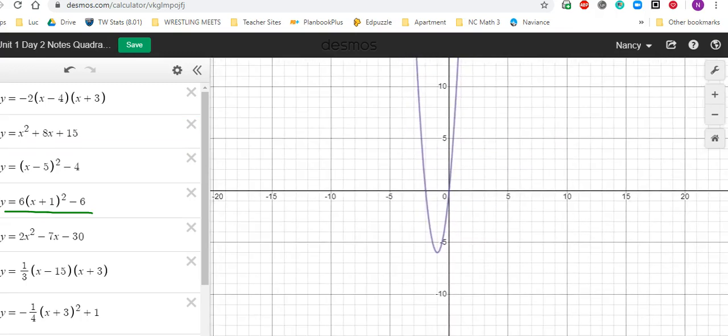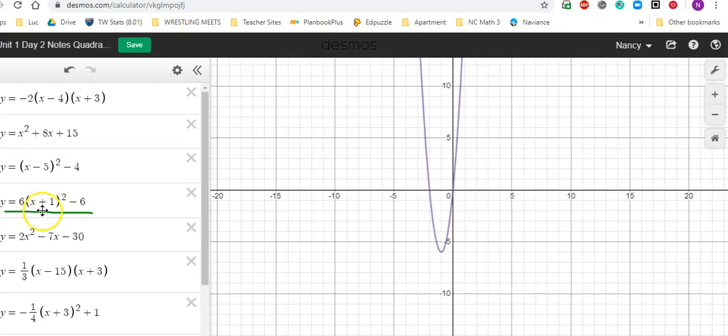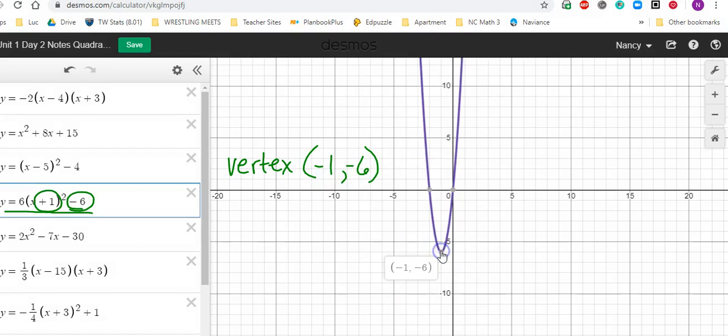This example, I can tell by looking at this equation that the vertex is at, and we'll take the opposite of this right here, so that's -1. And then I'm just going to look at this number right here, which is -6, and just take that one as it is. So the vertex should be -1, -6. Well, let's see. Yep. If we touch that vertex right there, we see it's -1, -6. So this one is in vertex form.